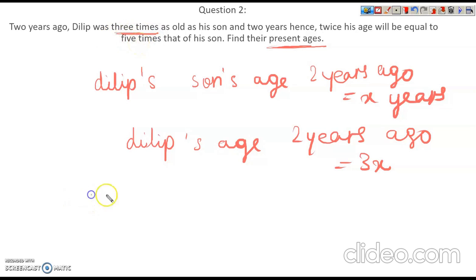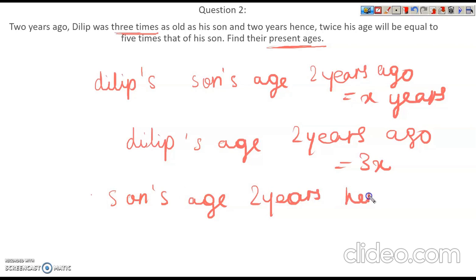Now we can say that the son's age 2 years hence is x plus 4 years, because in the question, 2 years hence twice his age will be equal to 5 times that of his son.